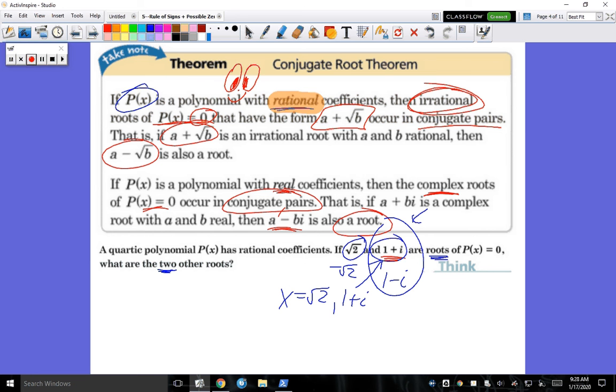How could I write, so it says, what is the quartic polynomial? It's not asking for us to go there, but I'm going to go there right now. What factors created from that root? X minus root 2.